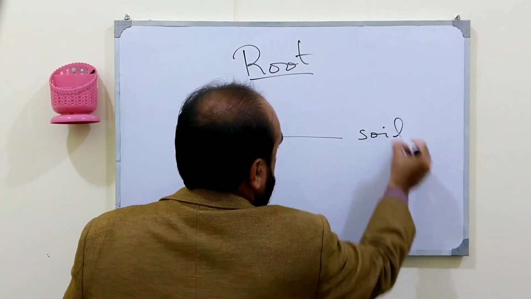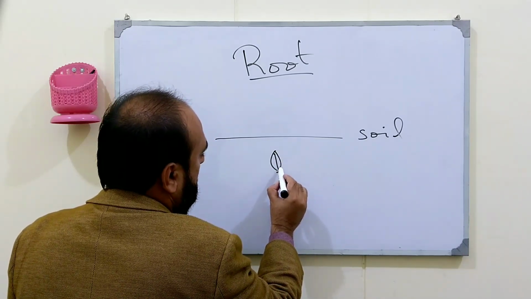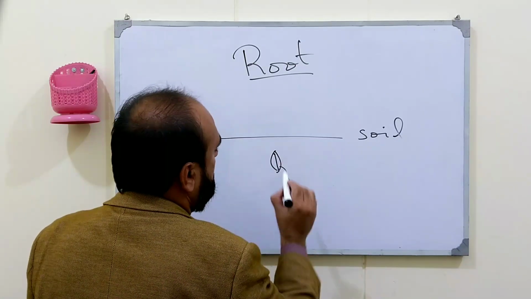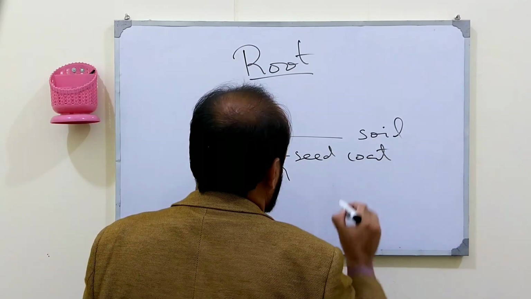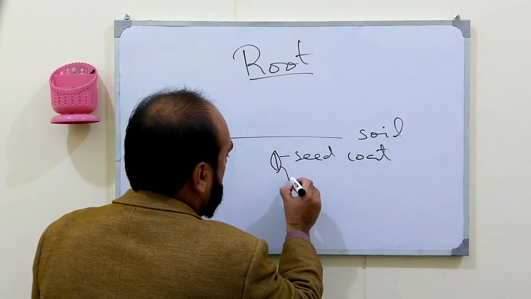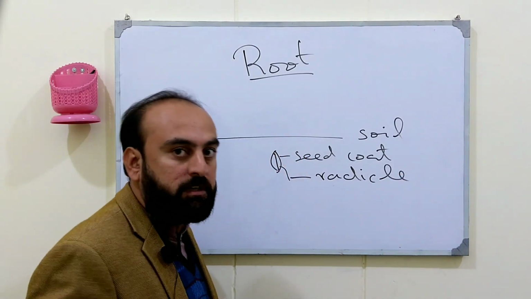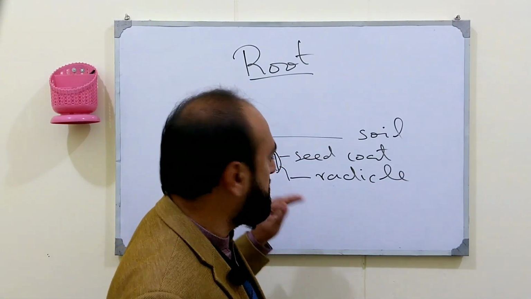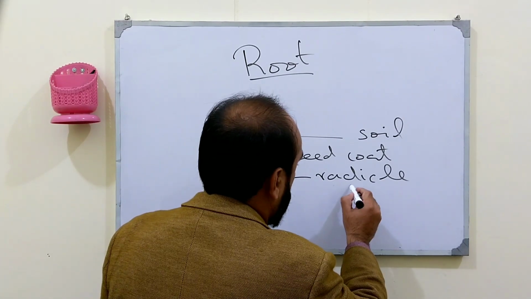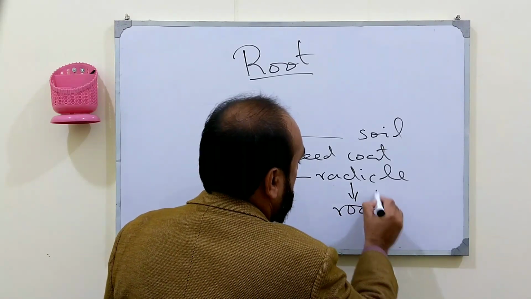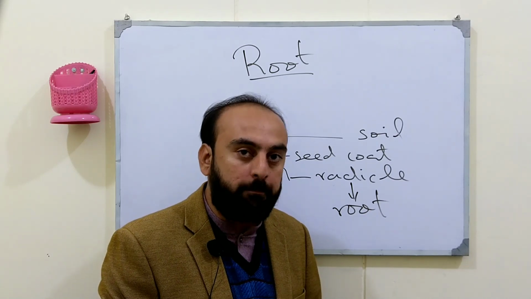When we place a seed in the soil, the first thing that emerges through the seed coat, that is the protective covering of the seed, is the radicle. So when a radicle has emerged through the seed coat, technically a seed has germinated. The root develops from this radicle. So root is the first organ that develops from a germinating embryo.